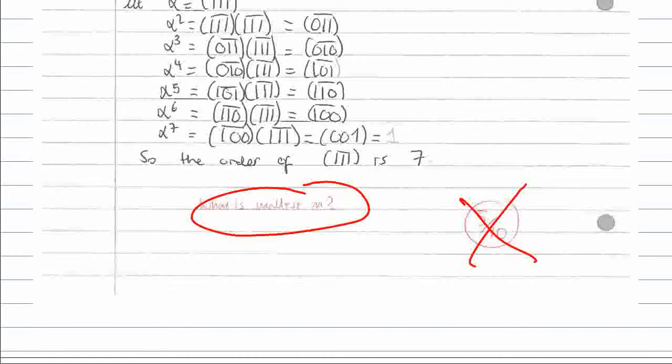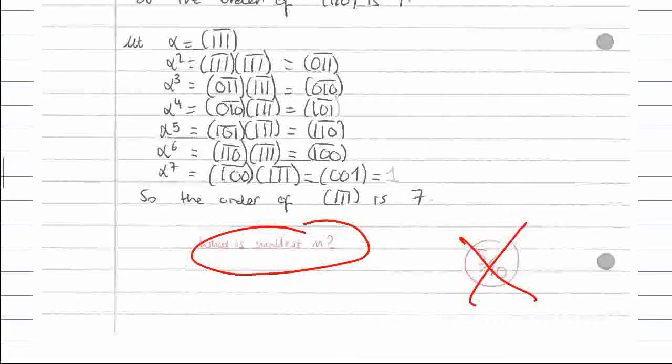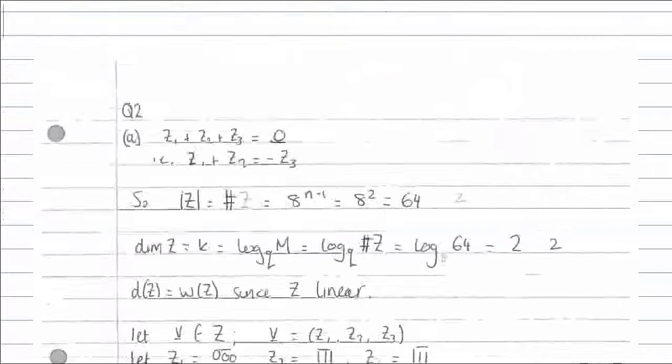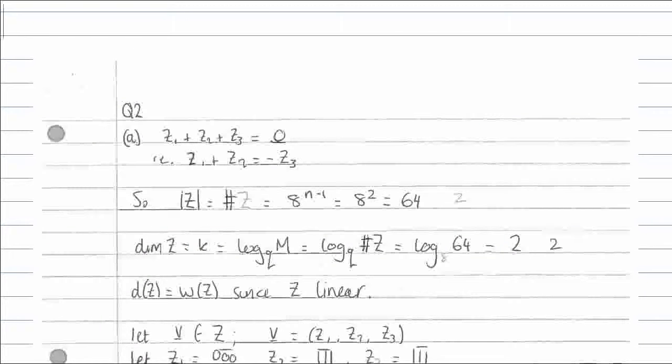and I think I am still going to give you 9 out of 10, because strictly speaking, instead of finding the multiplicative order of each individual element, you had to specify the minimum m which works for all.